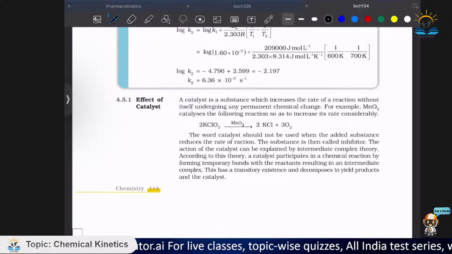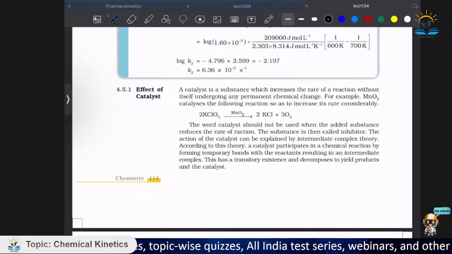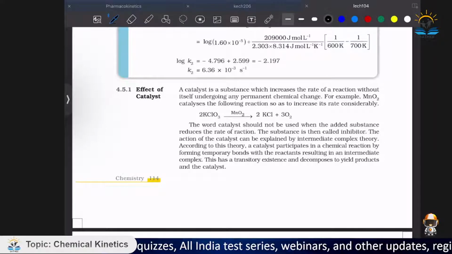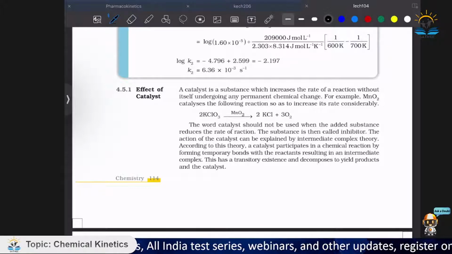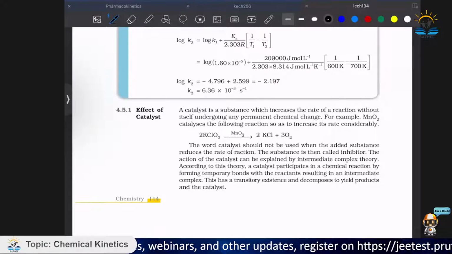Never say that a catalyst will make more product. Catalyst does not alter the equilibrium, it cannot do so. How much product will be formed depends only on the temperature. Only how fast the product is going to form is determined by the catalyst.